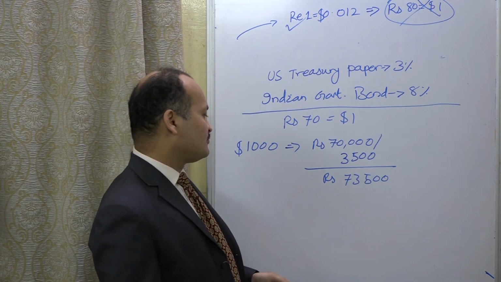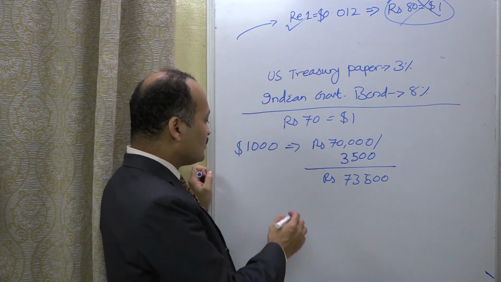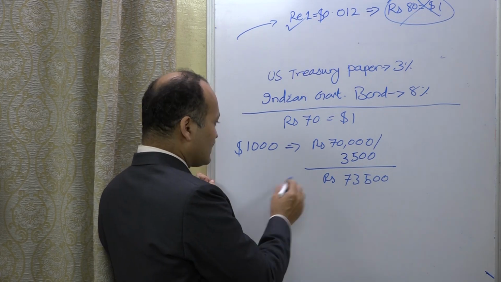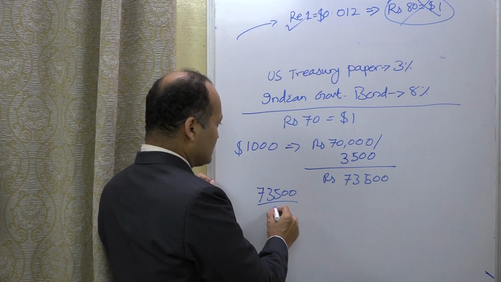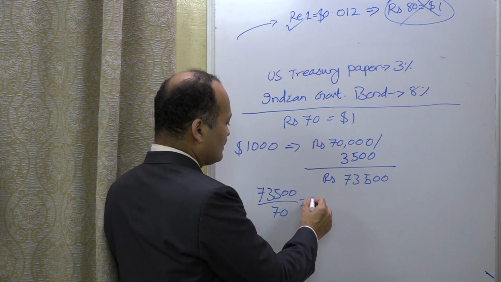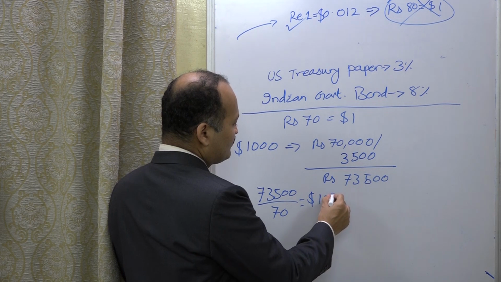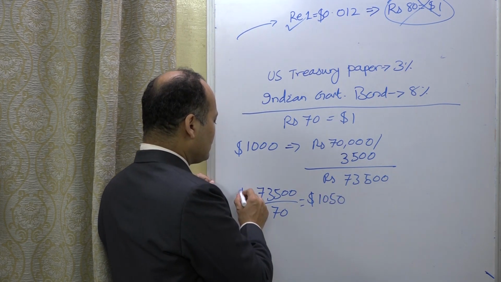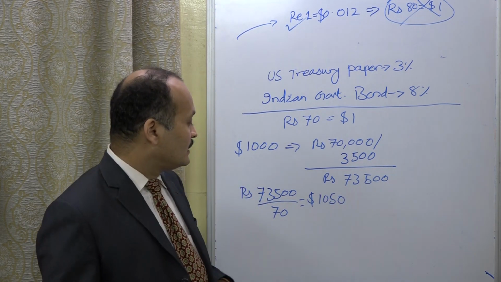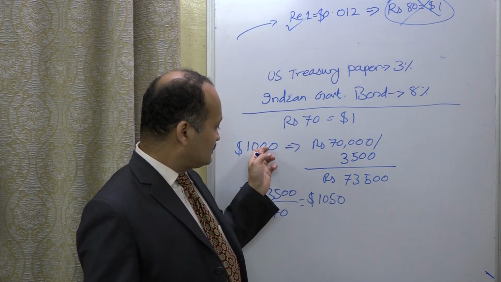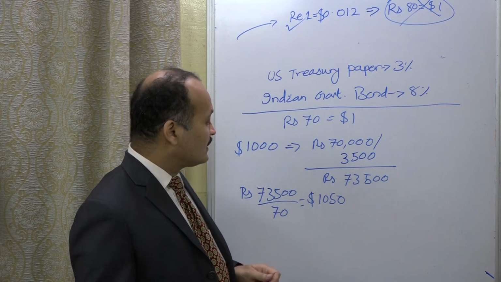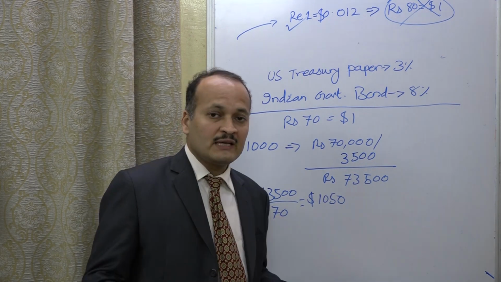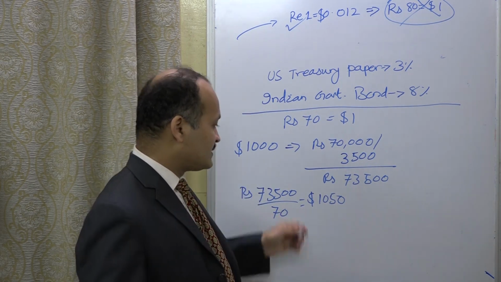And if the exchange rate is at 70, how much in dollar terms will he take back? 73,500 by 70 will be $1,050. Okay, so he had raised $1,000, he is taking back $1,050, so there is a $50 net gain he is making.